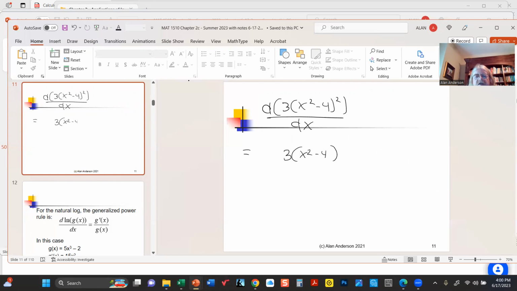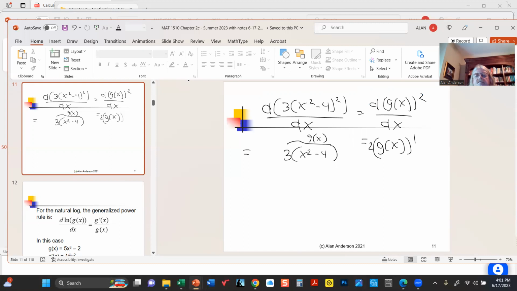So this is your g of x. That's what this is all about. So you've got the 2, the understanding that this piece is g of x.